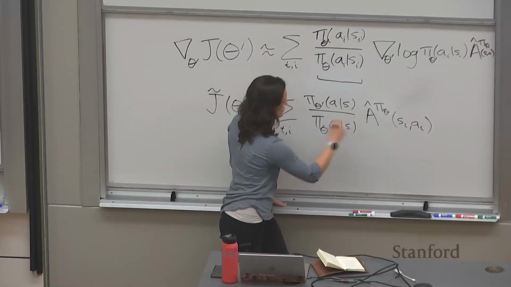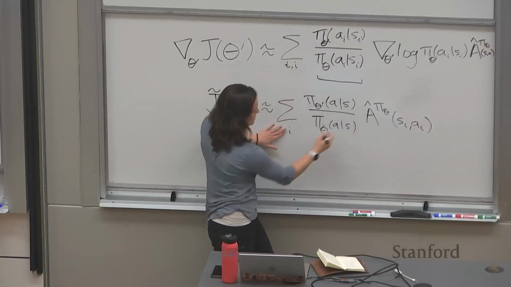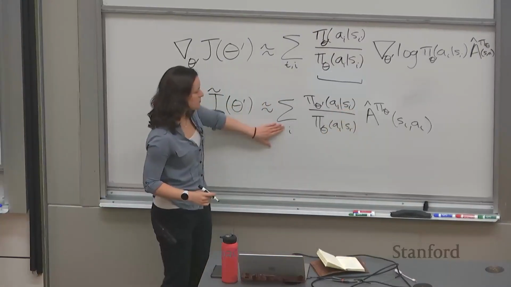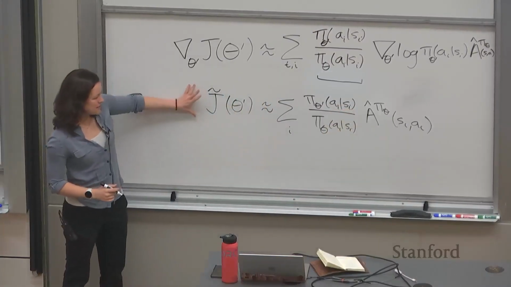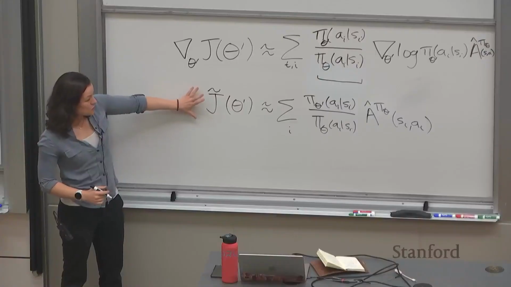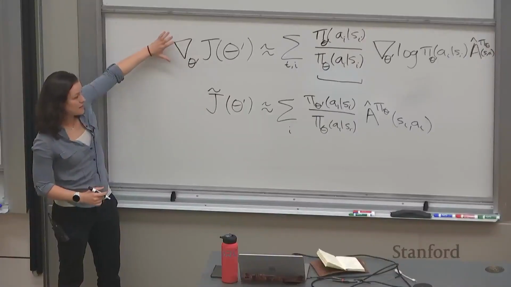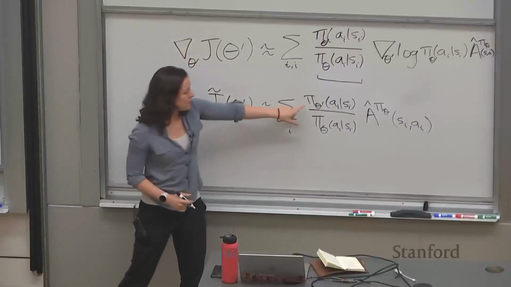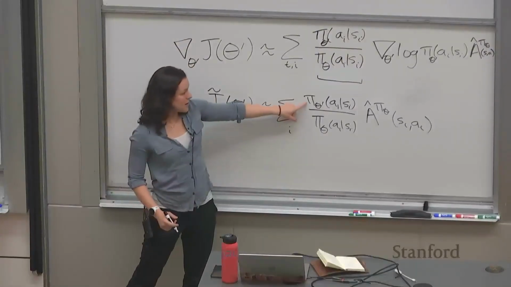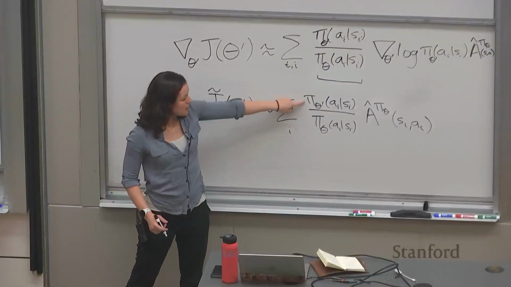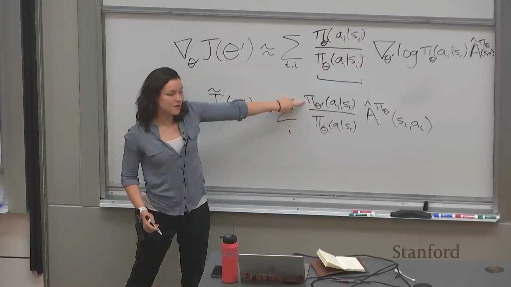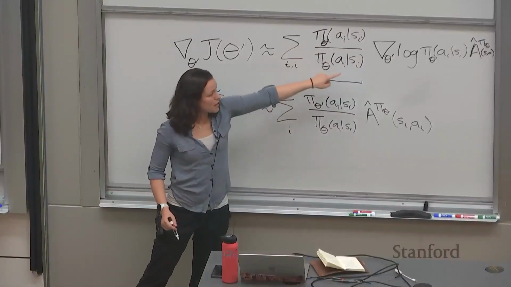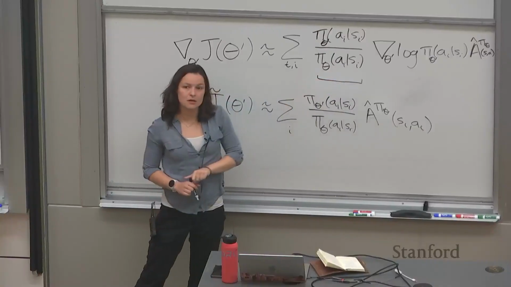This is just a sum over i, all the examples in our batch. The way I formulated this is that the gradient of this surrogate objective is equal to this right here. And we see that if we take the gradient of this with respect to theta prime, we get grad theta prime of pi, which is equal to pi theta prime times grad log pi theta prime.